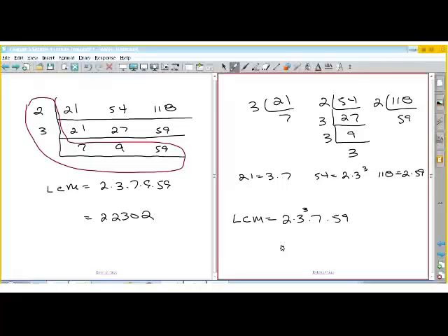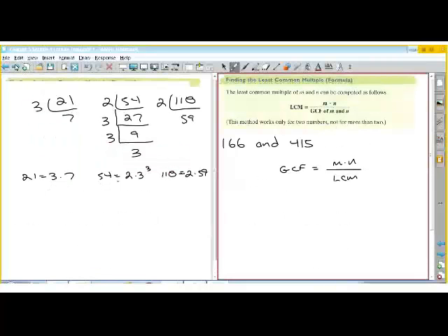And if I multiply that out, I should get 22,302 if I did it right. 2 times 3 to the 3rd power times 7 times 59 is 22,302. So anyway, I'll let you guys do some homework problems.